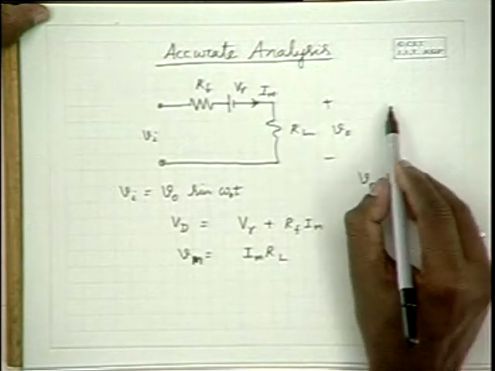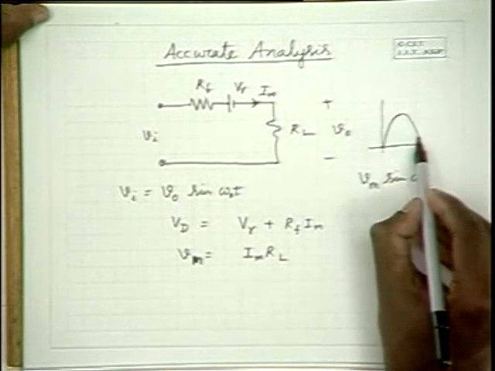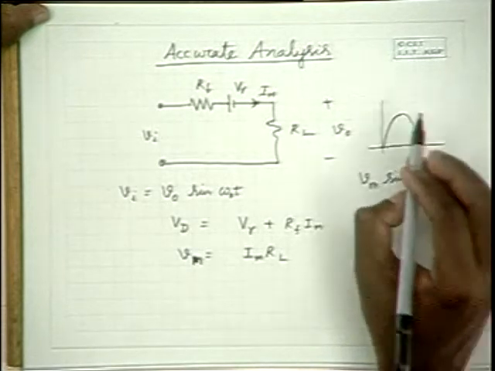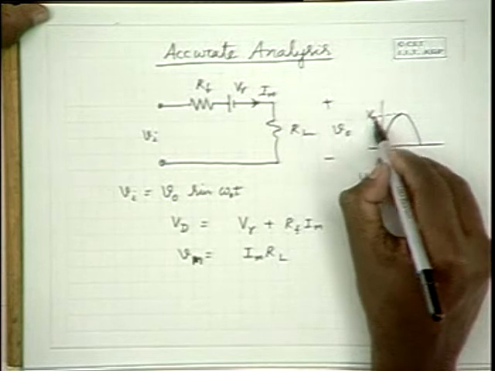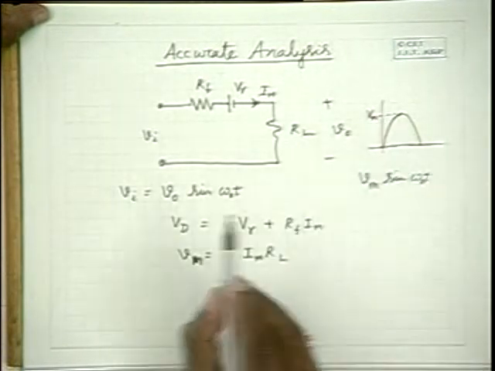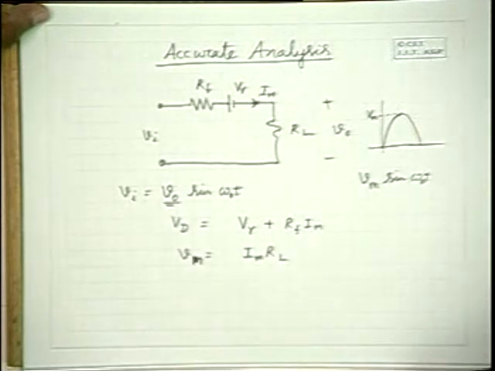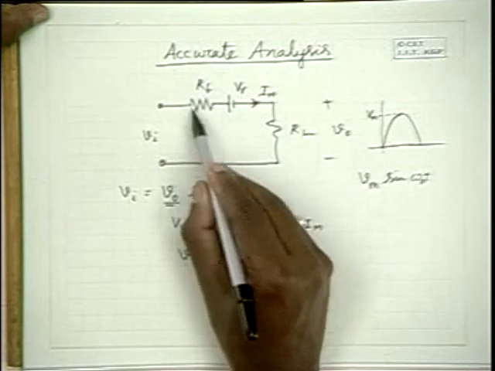Okay, so we know that the output in this case is also almost sinusoid, but half wave rectified with the peak value equal to Vm. So we are now determining Vm in terms of the input peak voltage V0. So the difference between these two is this V gamma plus this diode drop.